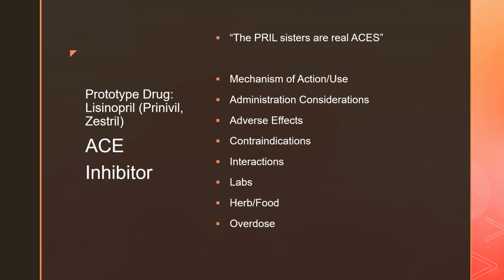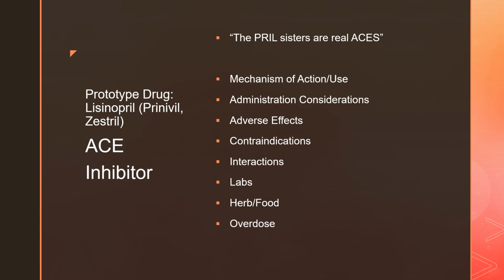It's really tolerated by most patients, but the common adverse effects that clients are going to state are cough, headache, dizziness, orthostatic hypertension, and rash. Hyperkalemia can occur, so we always need to look at those levels. Other effects could be taste disturbances, chest pain, nausea, vomiting, and diarrhea.